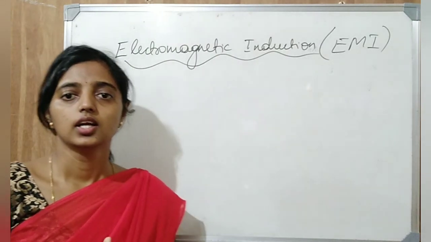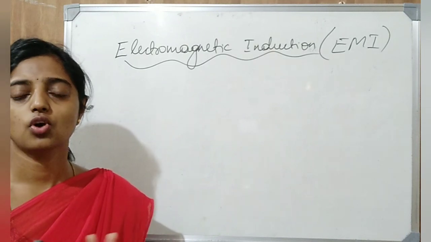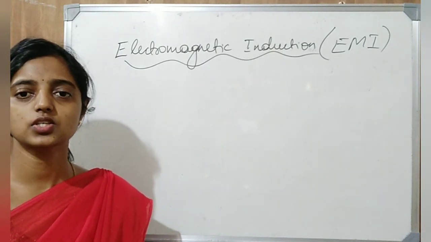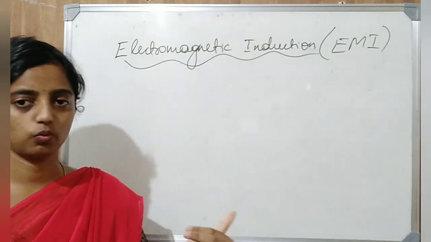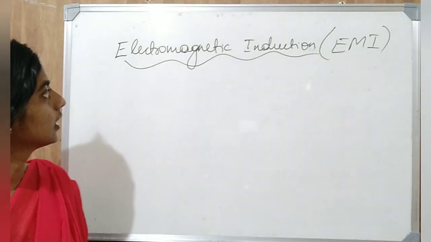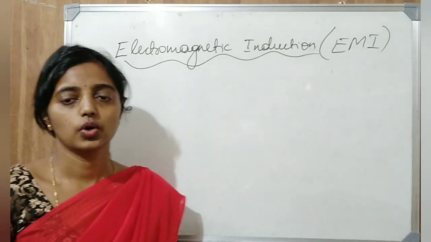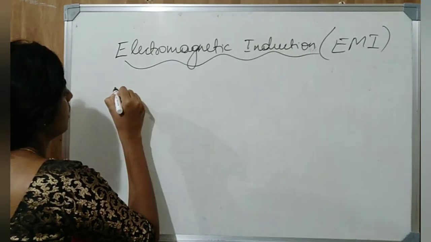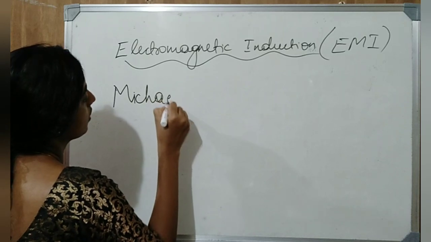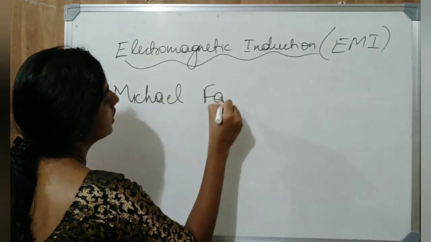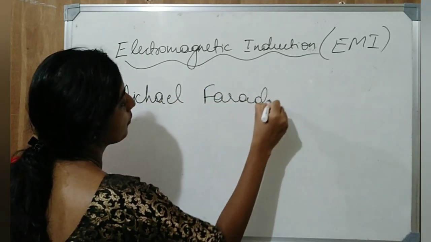Okay, so today let us try to understand. It's not complicated, it's very simple, we just need to understand and solve some different problems or questions on electromagnetic induction. So here, Michael Faraday.